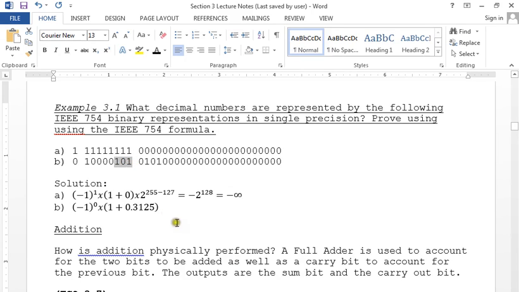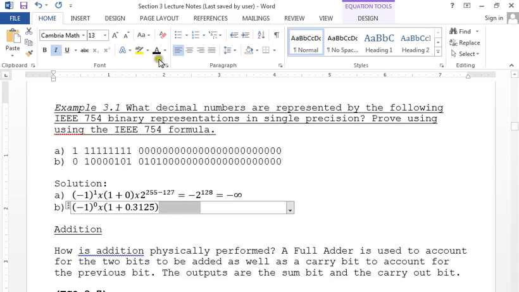So what's 128 plus 5? 133. So that becomes 133 minus 127. Now that becomes 1.3125 times 2 to the 6, which I've taken the liberty of calculating for you, and it is equal to 84.